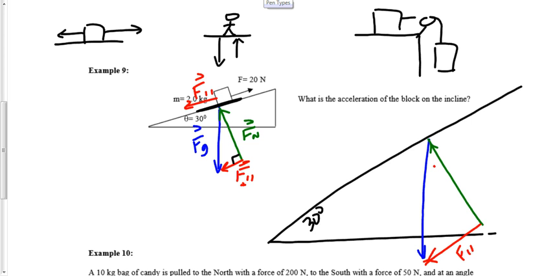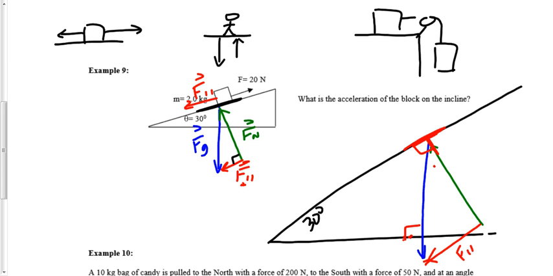Now, tell me what this angle is between this and the normal force here. What angle is this right in here? That's 90 degrees, right? Great, make sense? Okay. What's this angle right here between gravity and this imaginary line right here? That's 90 degrees as well.